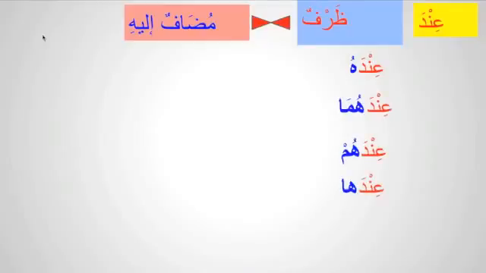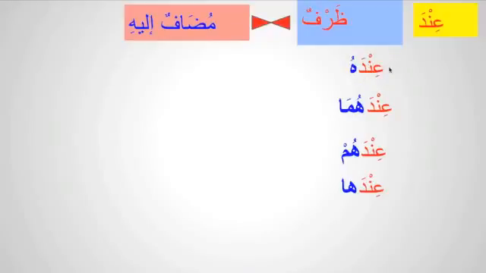Last one, final one, inshallah, and we will let you go, and then you can practice. Inda. Inda is a zarf, and what comes after zarf is mudaf ilayhi. So we say indahu, indahuma, indahum, indaha. Inda means with or near.